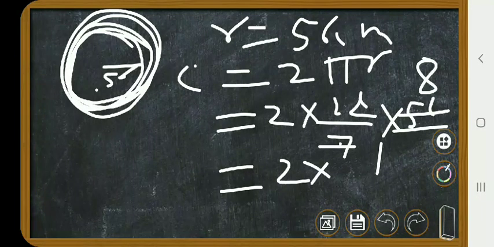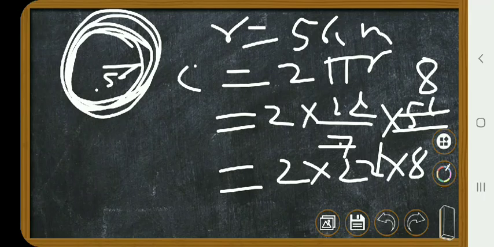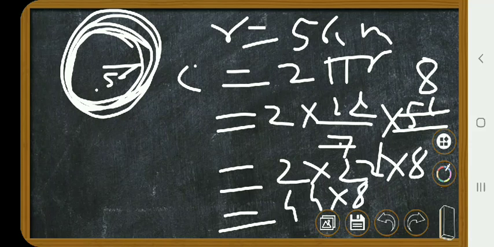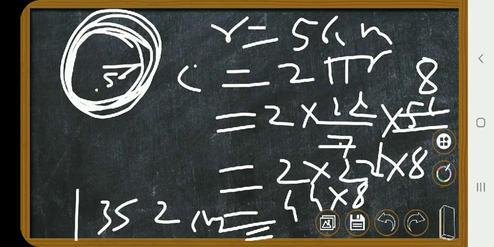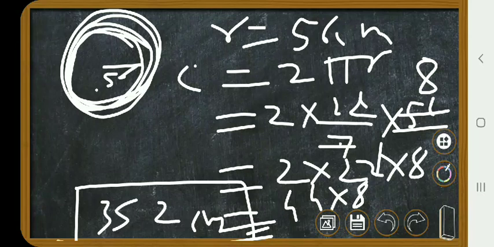Now what remains is 2 multiplied by 22 multiplied by 8. 2 times 22 is 44. 44 multiplied by 8: 8 fours are 32, 8 fours are 32 again, 32 and 3 is 35. The circumference is 352 meter.